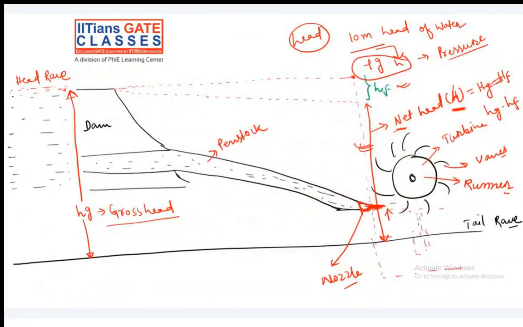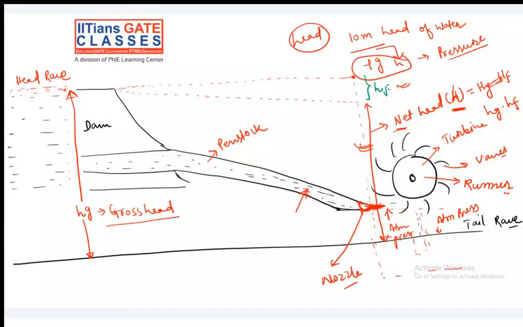That here and here, both are nothing but atmospheric pressure. Why? Because I have converted. Here I cannot say we have atmospheric pressure; here we have a higher value compared to atmospheric pressure.